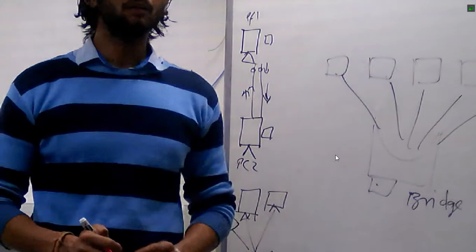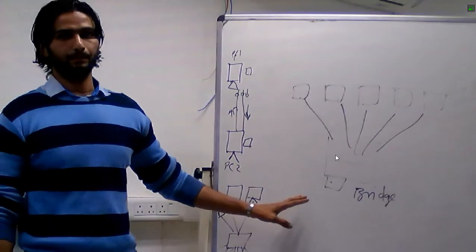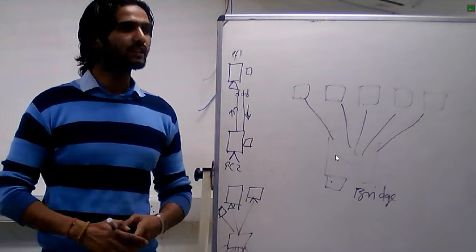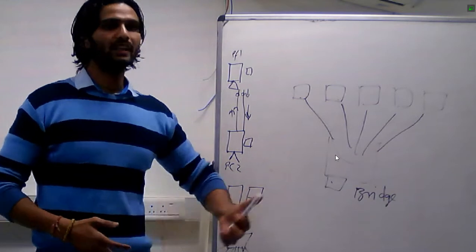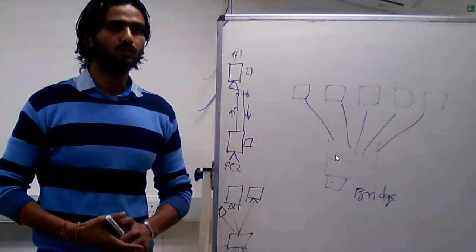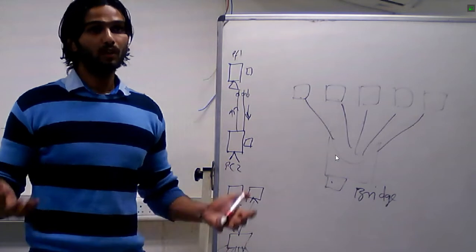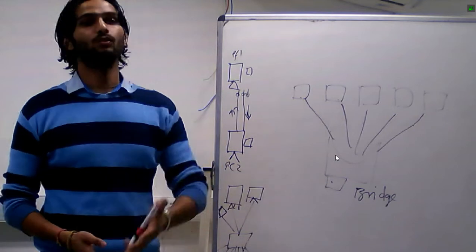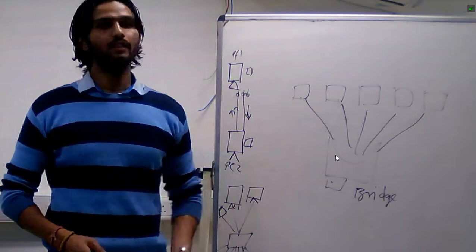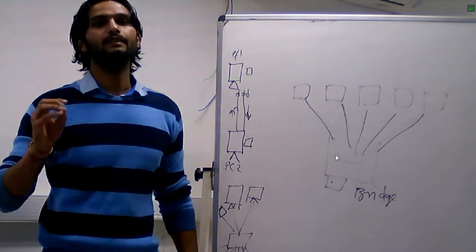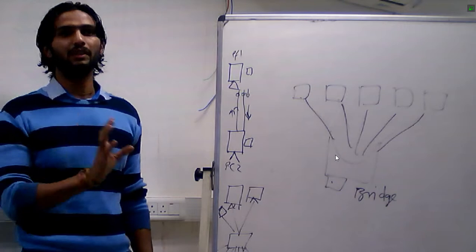But there is still a problem with the bridge. What? The capacity. It cannot connect more than 10 or 15 hosts. But in today's network, as we can see, there are so many hosts. Like in our school, in this college, if I am not wrong, almost 600 PCs will be there.